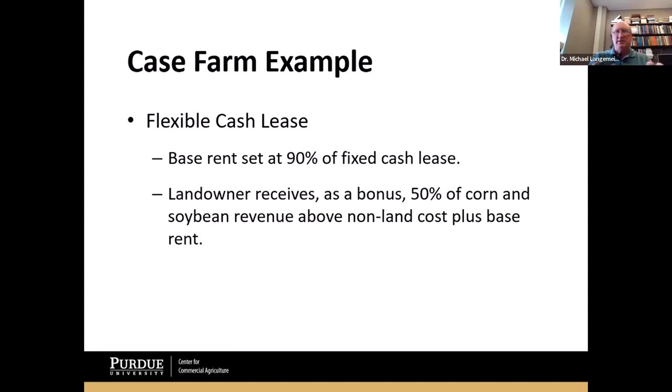I kind of like this, that you get a little lower cash rent in years where the revenue is below the threshold, but you share a pretty large portion of that revenue above costs in good years like 21 and 22. And so I'm just justifying why I looked at this particular type of lease.